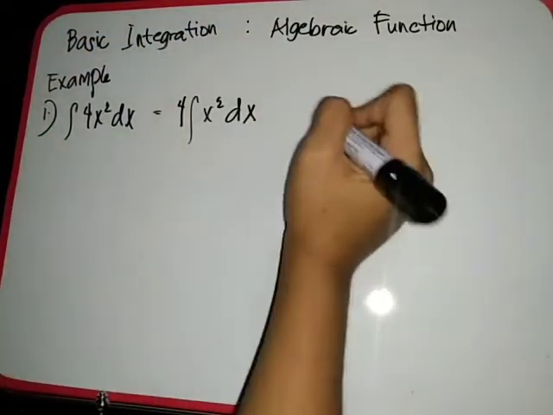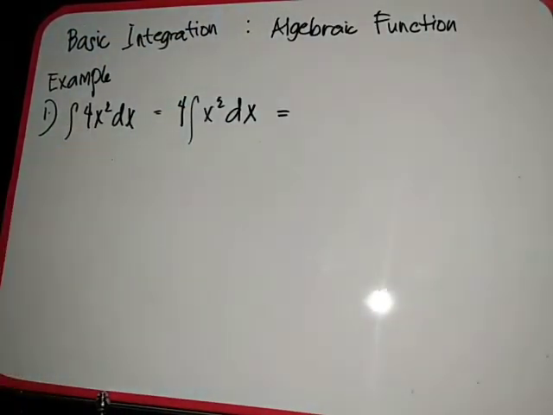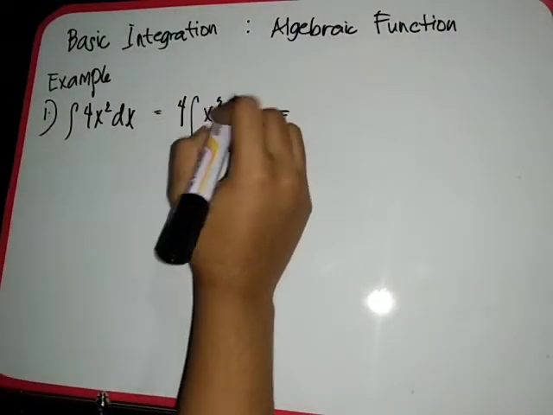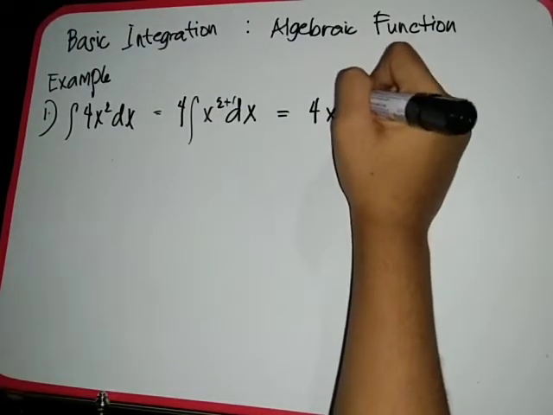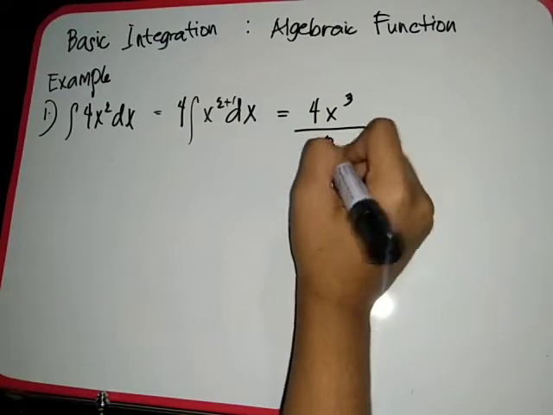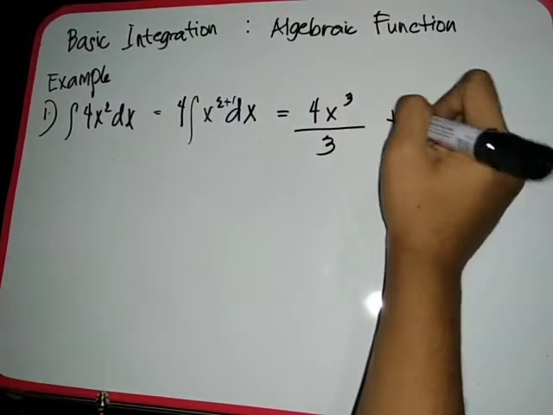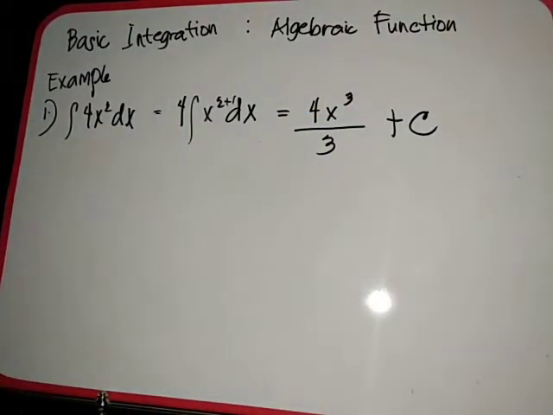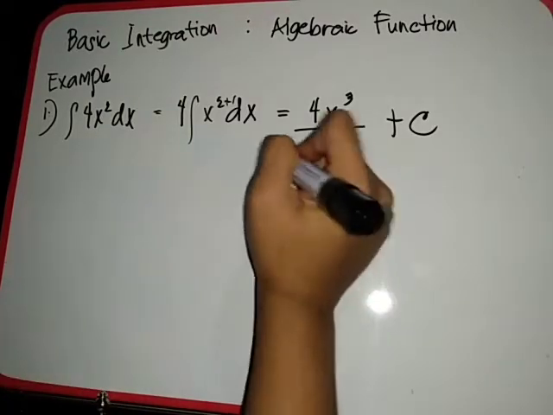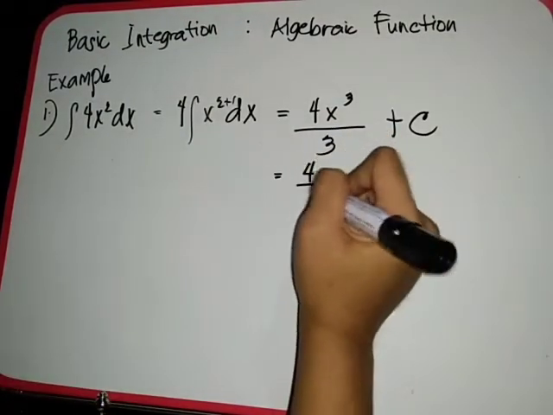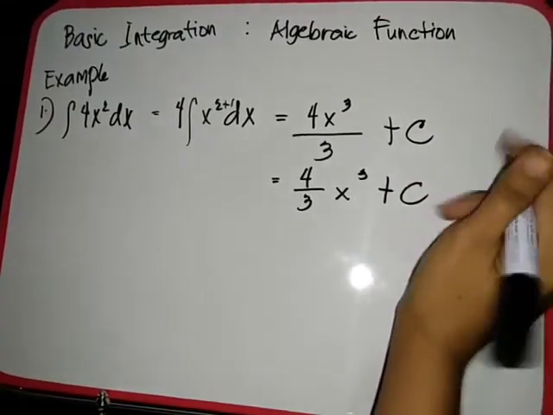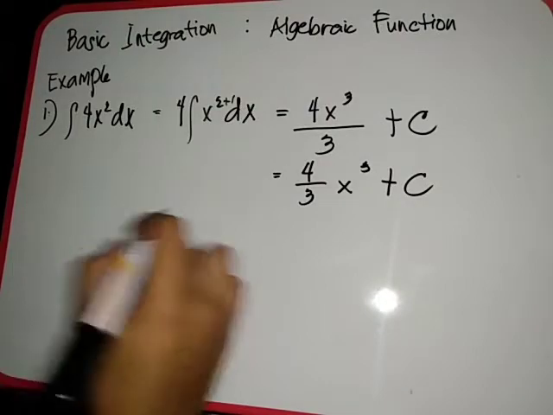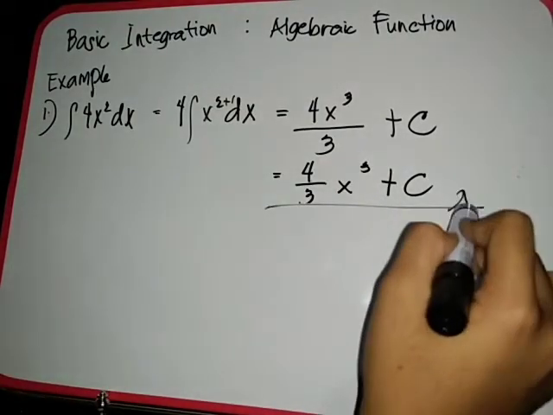And then next is to integrate. So you will add here plus 1. So you have 4x^3 over 3 plus c, or we can write it as 4/3 x raised to 3 plus c. So this is the answer.